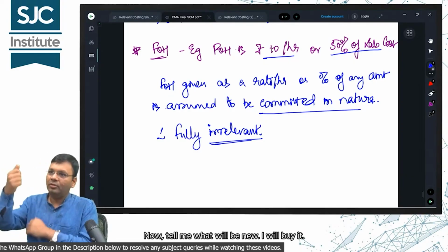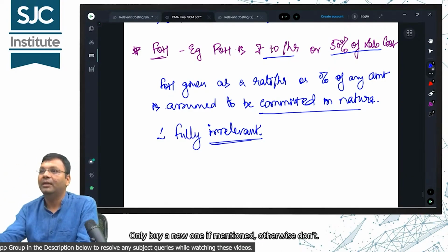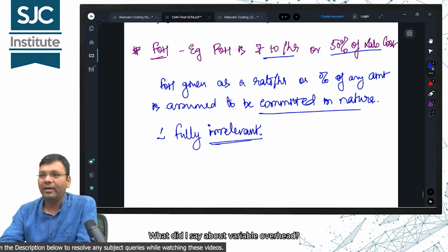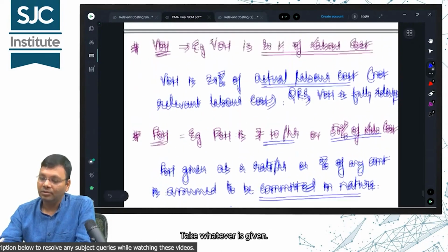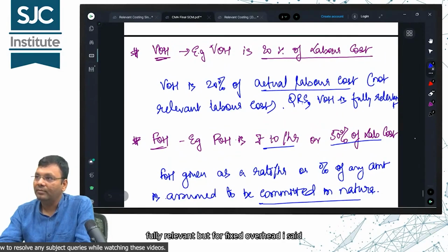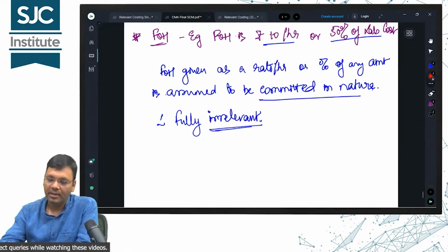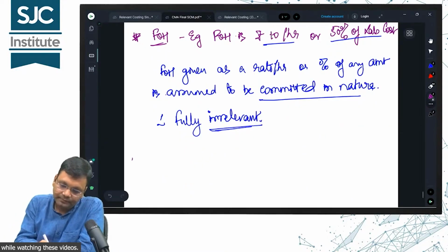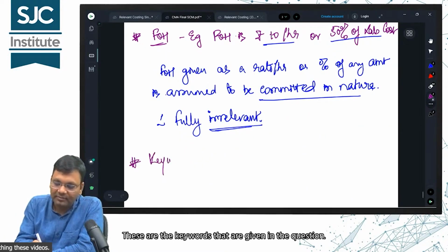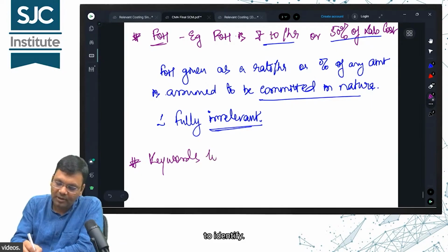Now, tell me what will be new. Only buy a new one if mentioned, otherwise don't. What did I say about variable overhead? Take whatever is given, fully relevant. But for fixed overhead, I said, if nothing is said, it's committed. There are keywords given in the question to identify this.